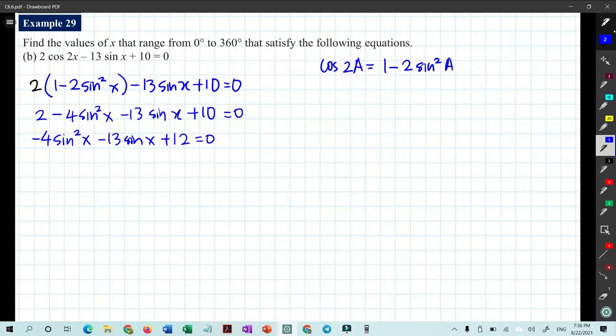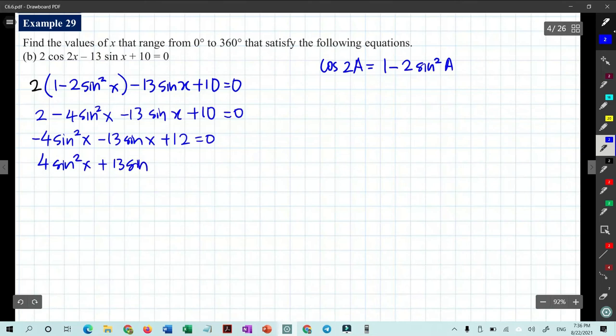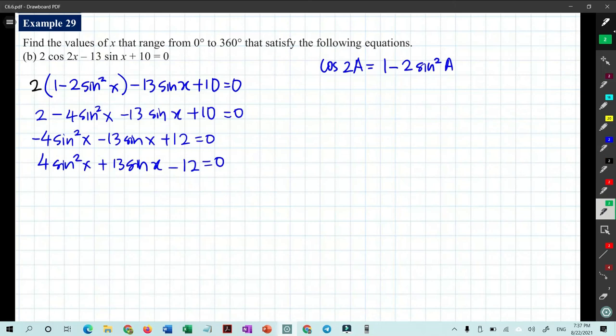Okay, I'm going to divide this whole equation with -1 so that it will be easier for us to do the factorization. 4 sine square x plus 13 sine x minus 12 equals to 0. So we assume a as sine x, then you will get 4a square plus 13a minus 12 equals to 0.